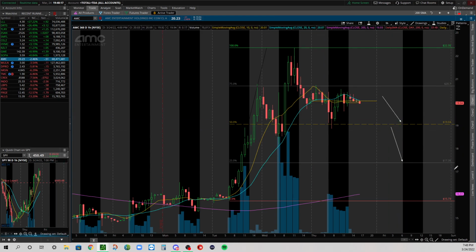Now it gives you levels to play off of. If it wants to go up, you have a very tight resistance right here. And for it to break through to the upside again, this volume has to increase just as much as this volume right here.